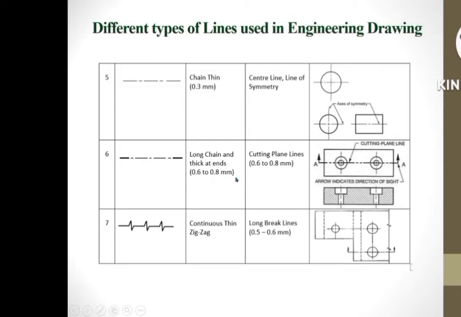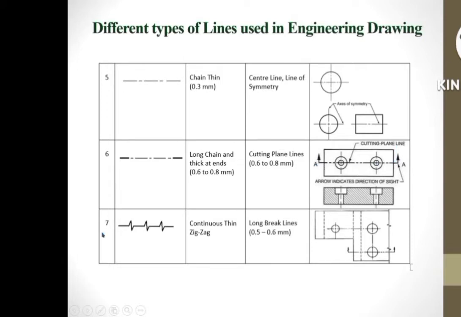Such a line is used to draw cutting plane line or section plane line. In this drawing, we have used a cutting plane line to cut this machine part into two pieces. This is a representation of long chain and thick at ends.